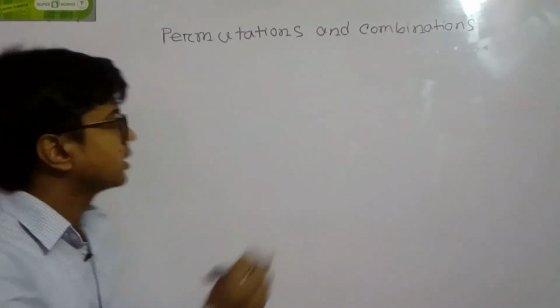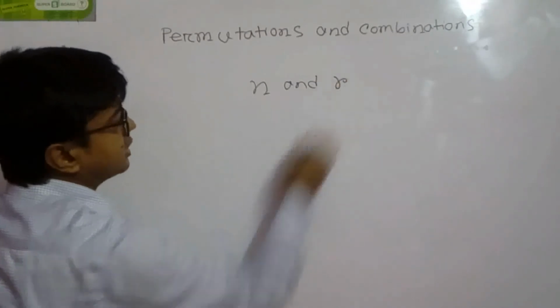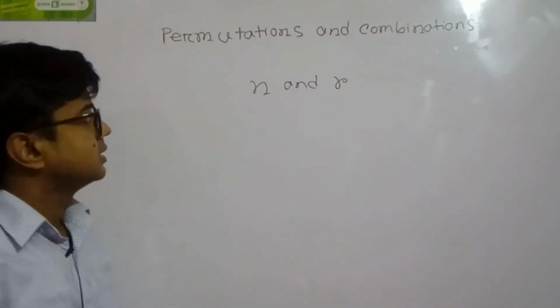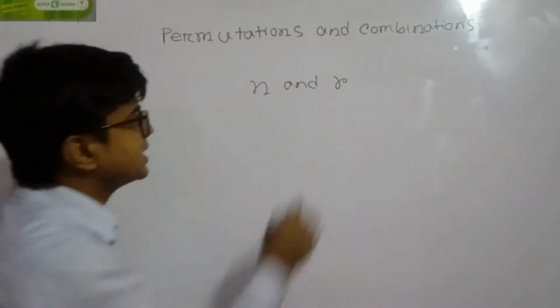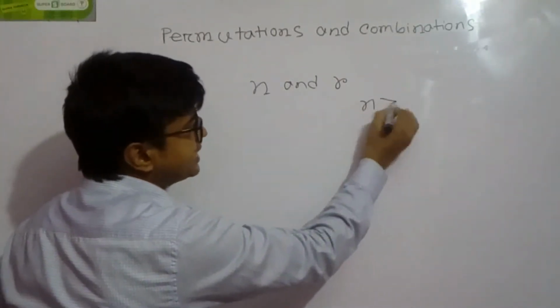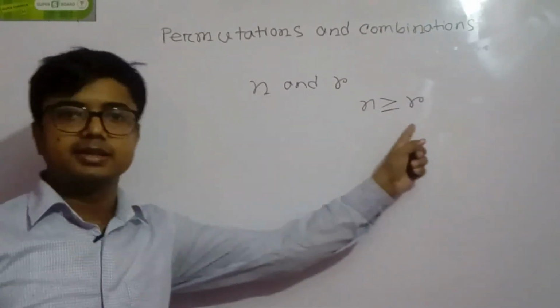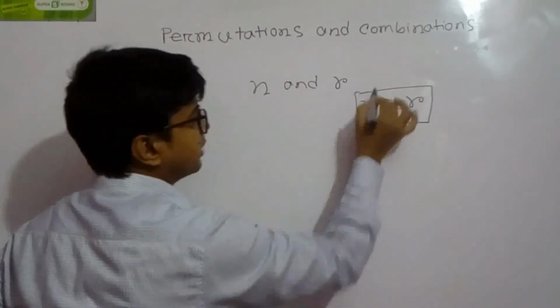Here n and r are positive integers, and one condition is that n is greater than r, which is a mandatory condition for permutation.